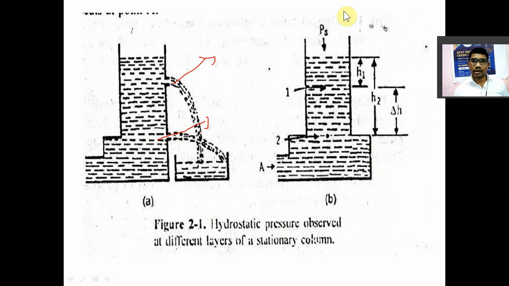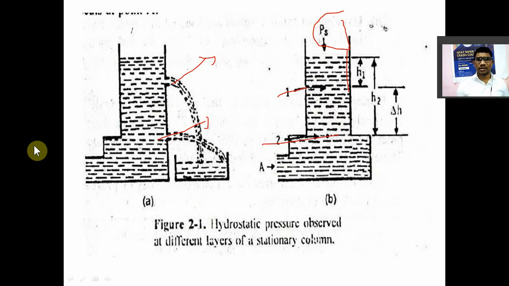Suppose the pressure acting on the surface of the liquid is PS, and at point 1, what will be the type of flow? That will be decided by height. So difference in the height will decide the difference in the flow. So different hydrostatic pressure will be observed at a different layer in a stationary column.